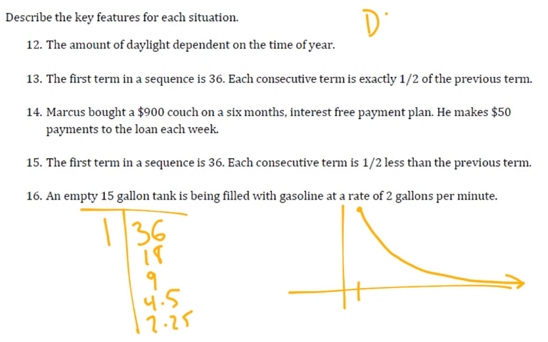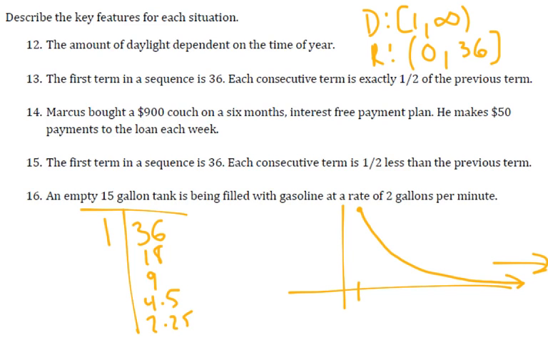So does it have a domain? Yeah, it's from 1 to infinity, because it's just going to keep going, cutting in half. We'll never get to 0. Range, highest we got was 36, the lowest is 0, because it'll never touch 0, but that's kind of our boundary that we could use. And so we'd put it in a parenthesis, not a bracket, because that means it's a boundary, but we actually never touch it.